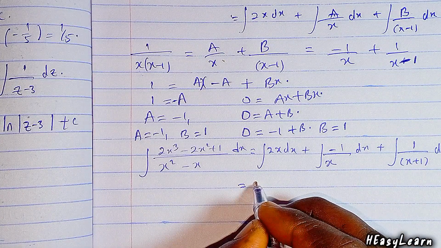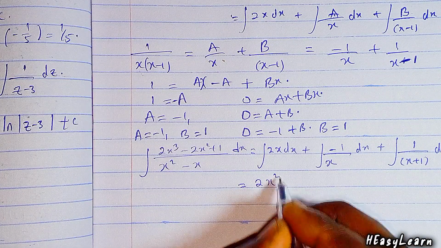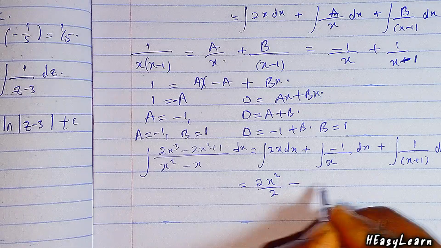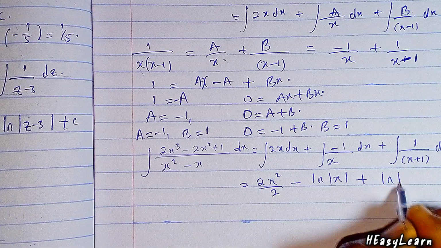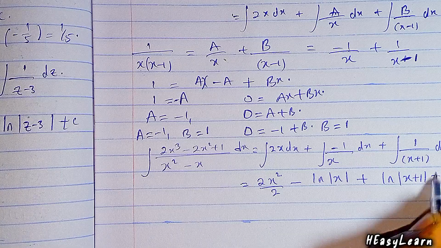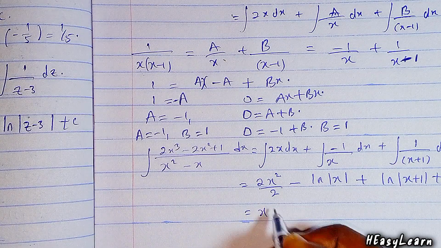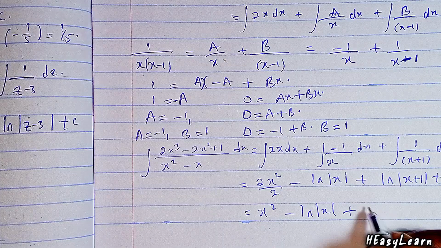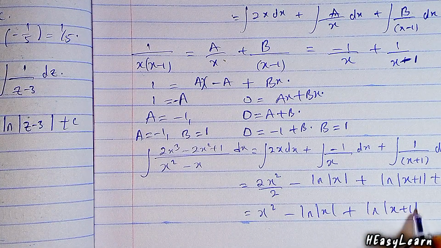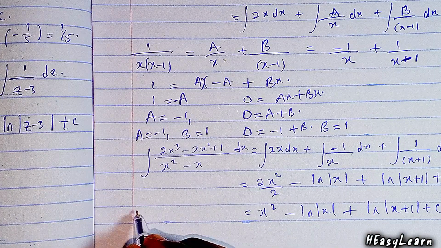This is the same thing as 2 add 1 over the new power, minus ln x plus ln x minus 1, plus the constant of integration. This integral is x squared minus ln x plus ln x minus 1 plus the constant of integration.